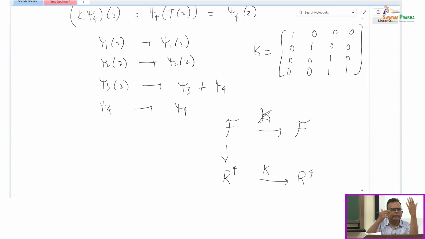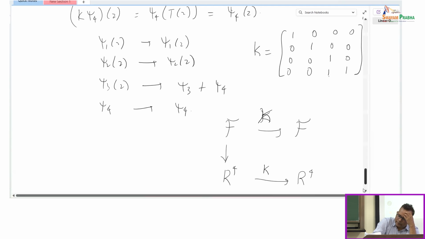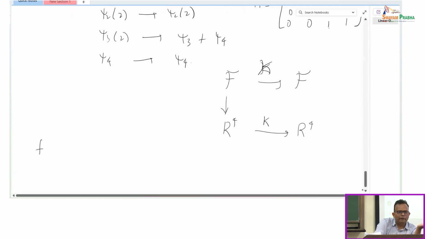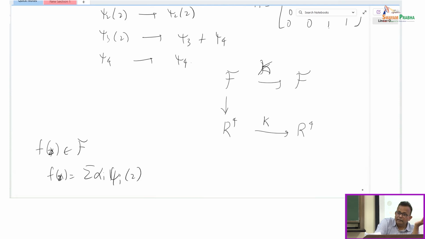By putting this basis, what we are really doing is that given any arbitrary function f of x in this function space, I want to write it as a linear combination of the basis functions. What are these alpha i's? Alpha i's are the coefficients used in the expansion, and those are precisely the vector constituting R4. Make sense?